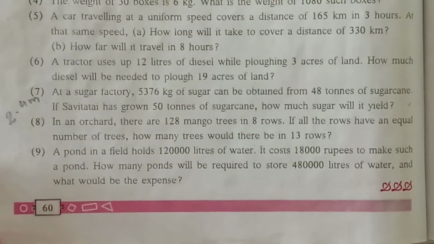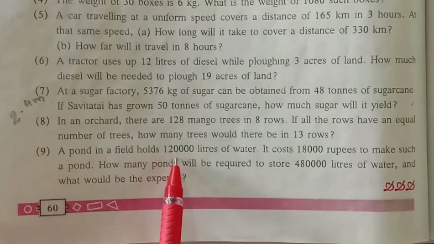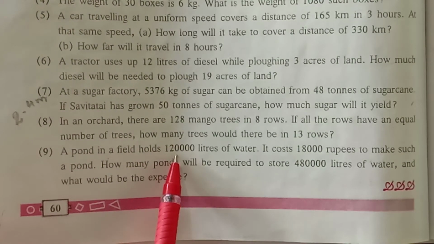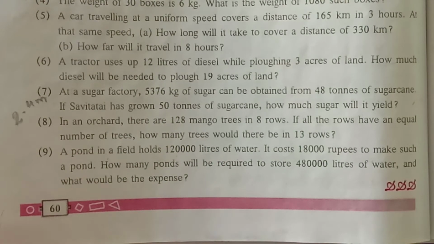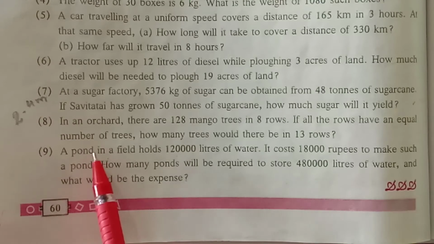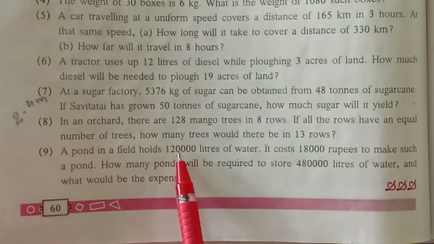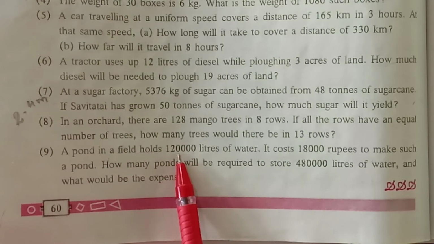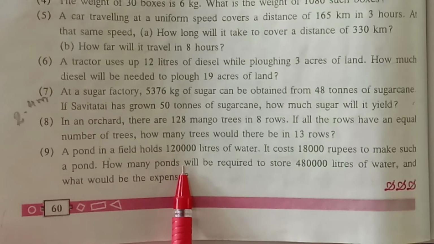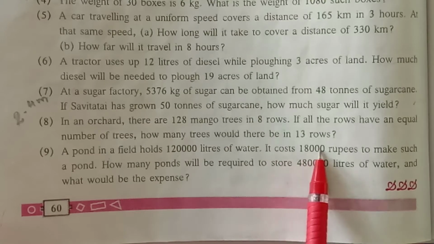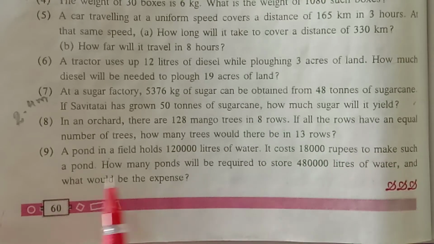Question number 9. A pond in a field holds 1,20,000 liters of water. So there is a field in which we are having a pond. And how much water does that pond hold? 1,20,000. Okay, so one pond is holding this many liters of water. Now next. It costs 18,000 rupees to make such a pond.